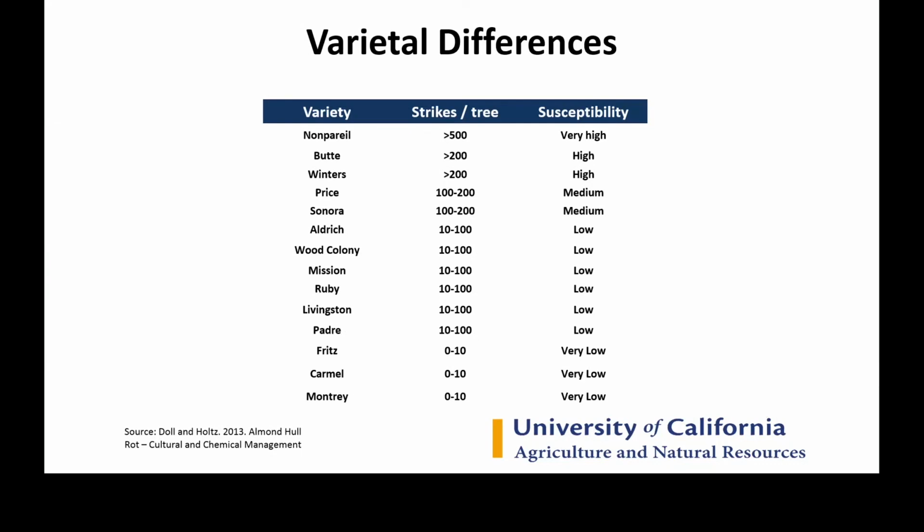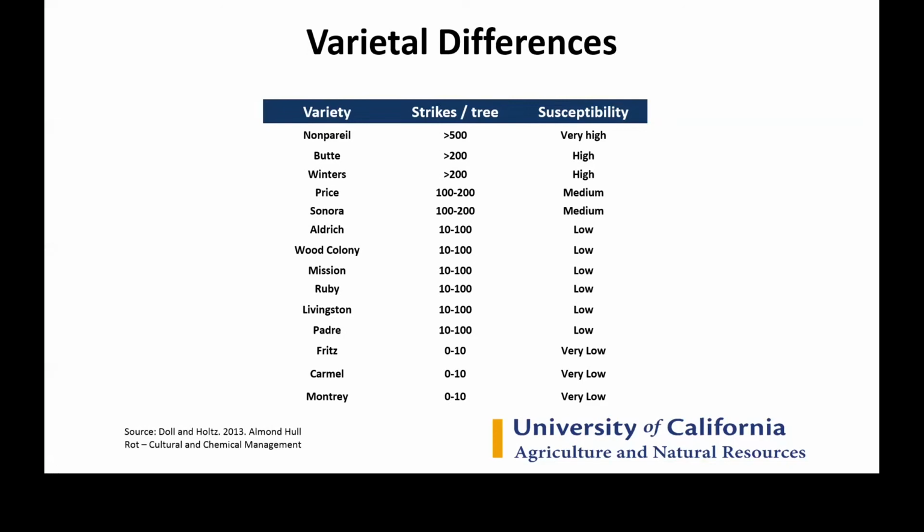And pretty much, in many orchards, Nonpareil is 50% of the orchard. So that brings the vulnerability of those orchards to where you have 50% of your orchard that might be vulnerable to this disease. In Kern County, the least susceptible one is Monterey.